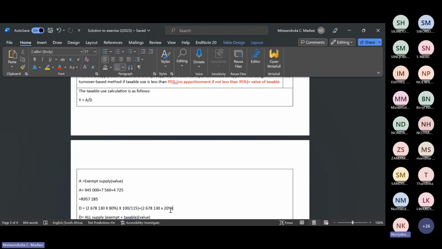Then the next thing that you can do maybe is to add 84,000. Still you have to exclude VAT here, divide by 115.